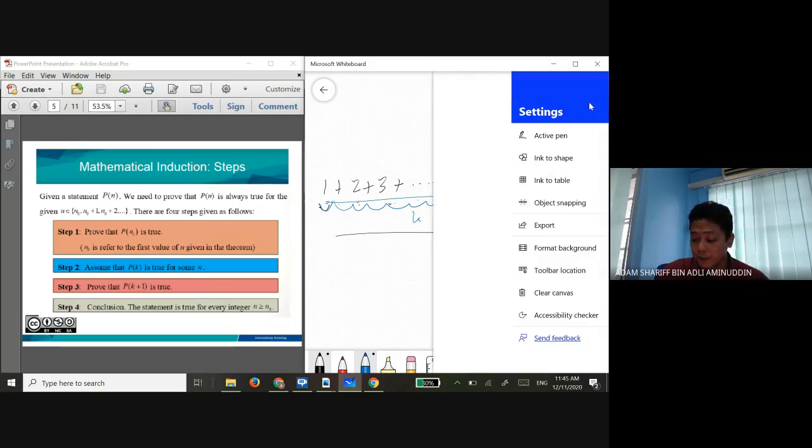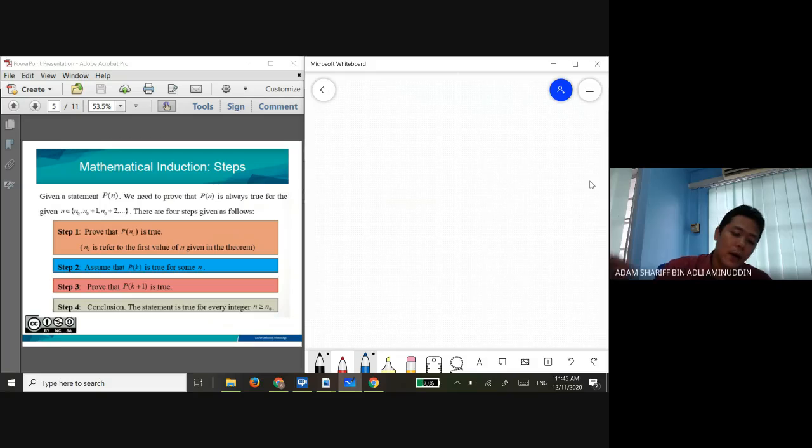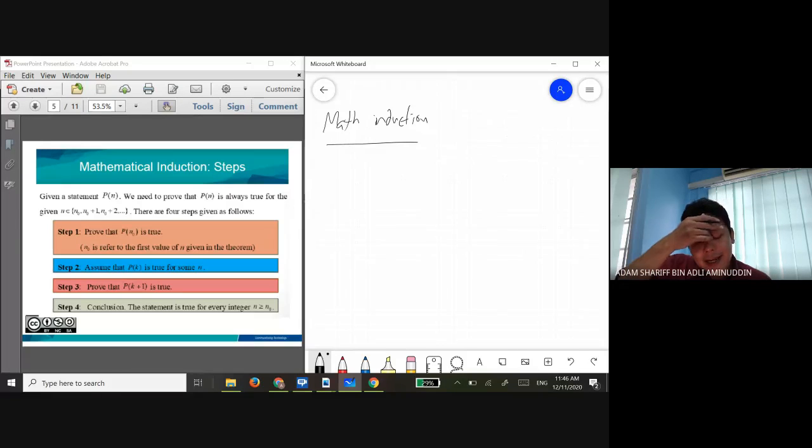So, the basics of mathematical induction. This is just an example. Next week we will go through many more examples. There are 4 steps shown here, but basically the last step is just a conclusion.